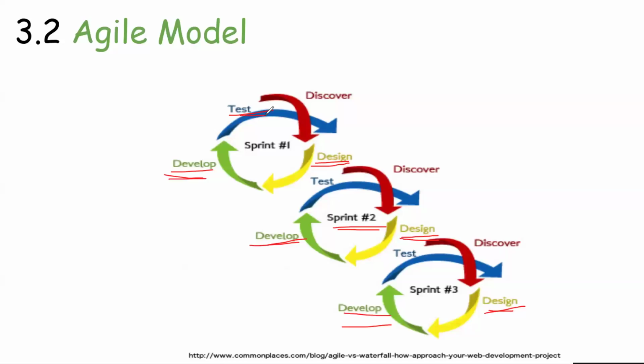Once testing is completed in sprint 1, then automatically it is assigned to sprint 2 and sprint 3. Means what exactly? Designers are very busy in sprint 3, developers are very busy in sprint 2, testers are busy in sprint 1. Clear. In this way, we can engage all the employees 100%.